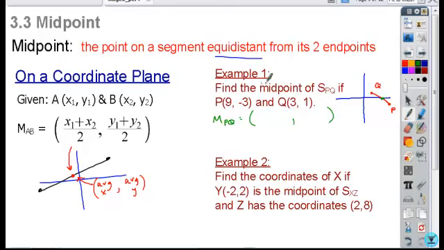So if we take the average of the x's, 9 plus 3 over 2, and the average of the y's, negative 3 plus 1 over 2, we can simplify our answer. 9 plus 3 is 12 halves. Negative 3 plus 1 is negative 2 halves. And so we get our final set of coordinates to be 12 halves, which is 6, negative 2 halves, which is negative 1.